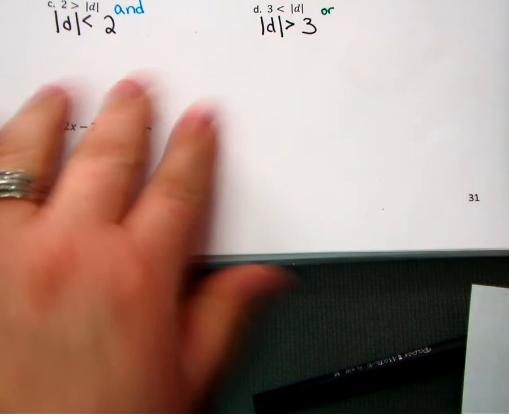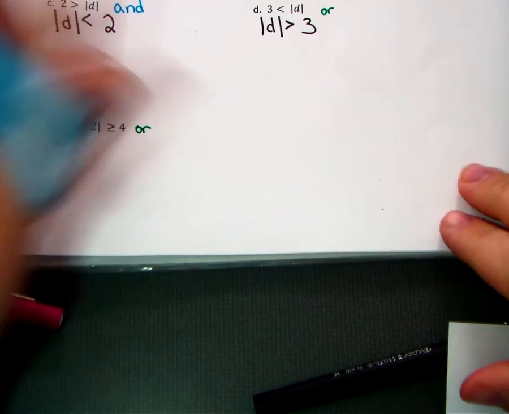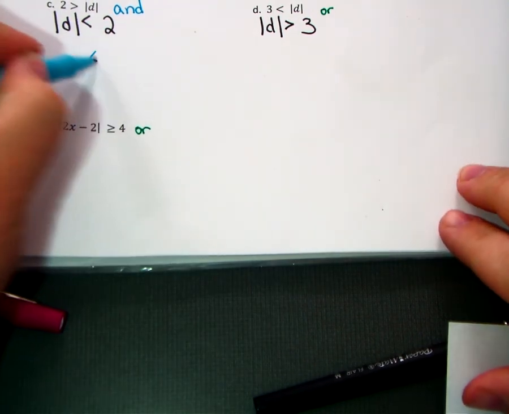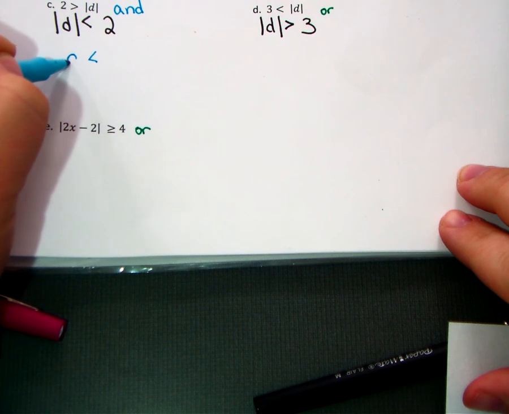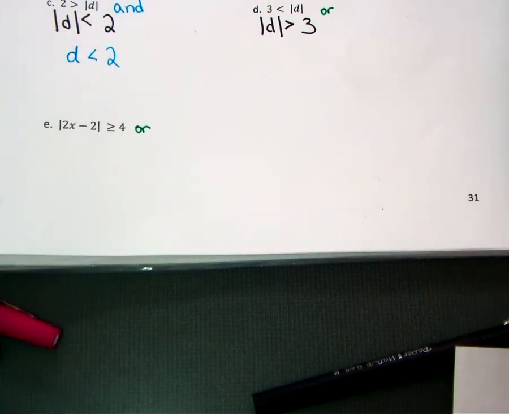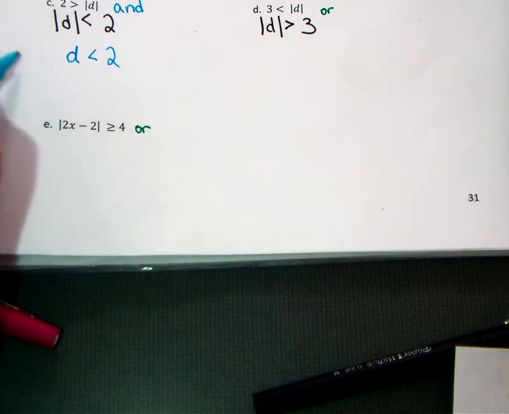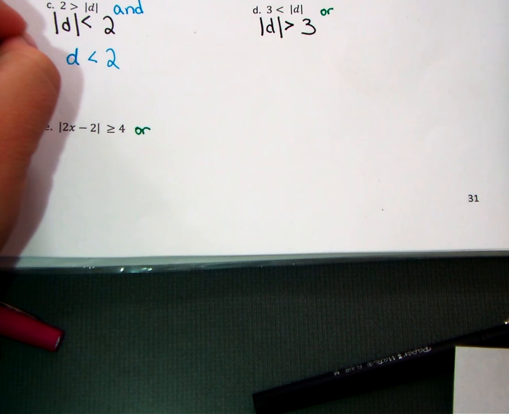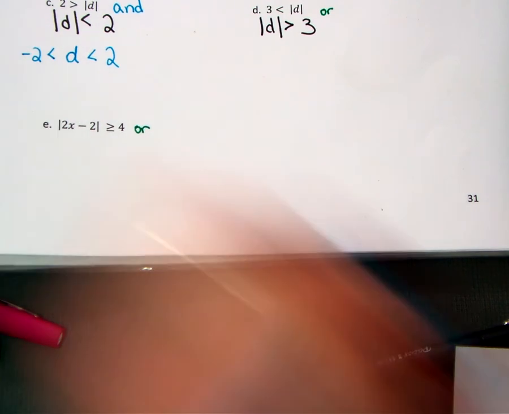So in this case, I'm going to directly copy what I have above. Notice I don't have the absolute value sign anymore. And to get this other piece of the and, we're going to make it a -2 and another less than symbol.